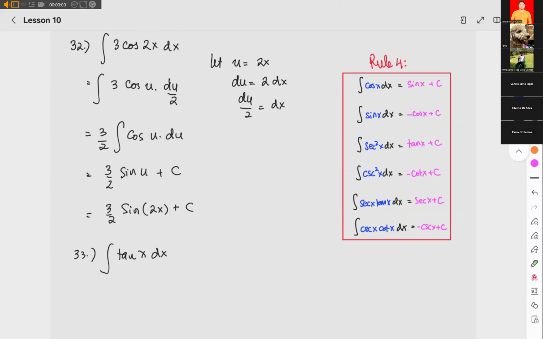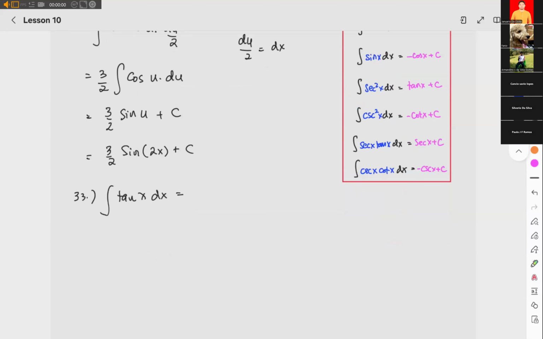I don't think we have done this already. If you look at the properties over here, you don't see any integral of tangent. But you do know that tangent is simply equal to sine of x over cosine of x.